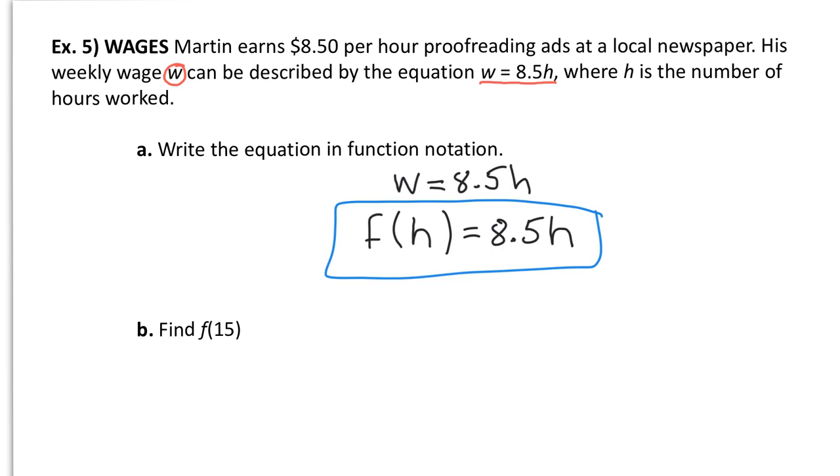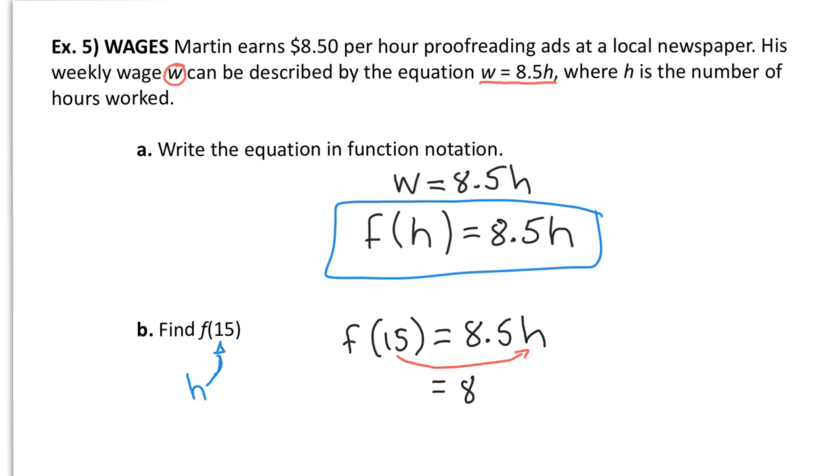Now that's part A. Part B says you guys want to find f of 15. So guess what? 15 is h. So that's going to be your number of hours that this person worked. So h will be 15. All you do, guys, you are going to have f of 15 equals 8.5 times h, which means you are going to substitute 15 into the h.